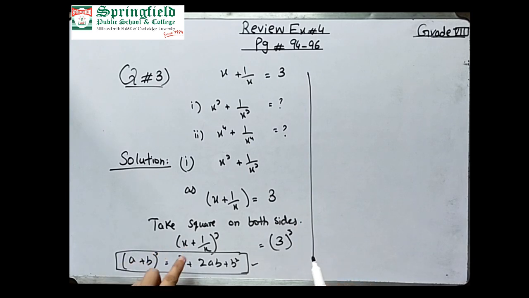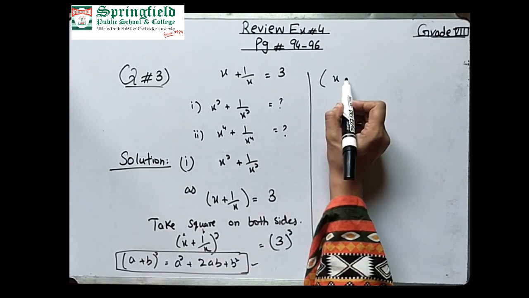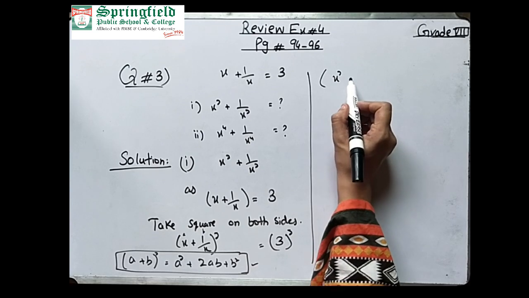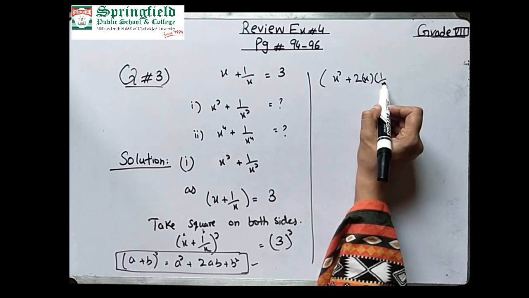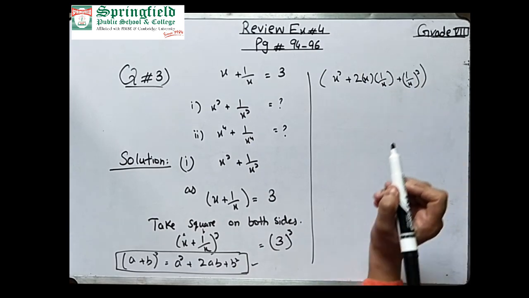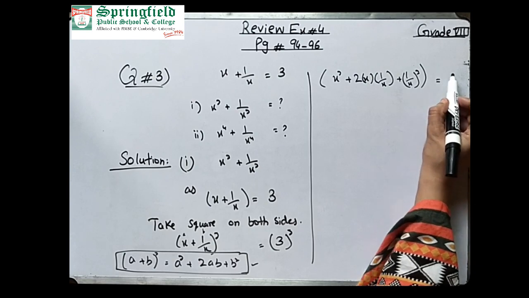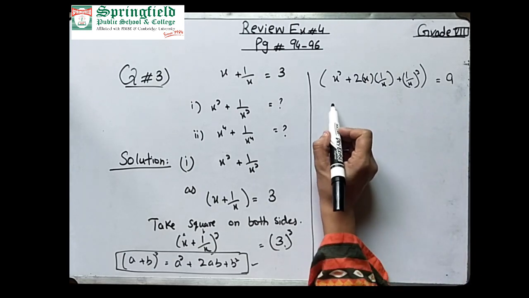Consider the first value as a and the other as b. So x square means a square, plus 2ab, plus b square, is equal to 3 square, which means 3 multiply 3, 9.